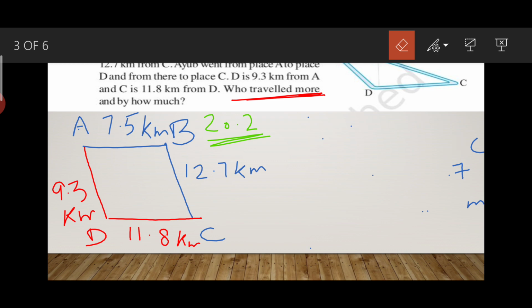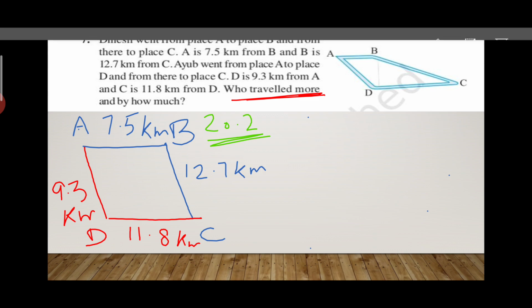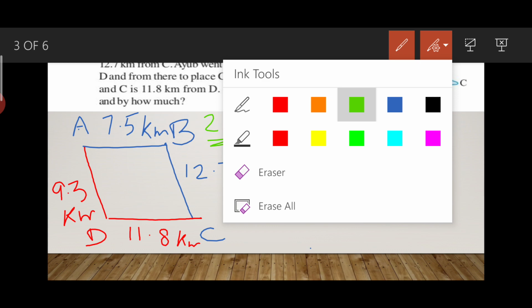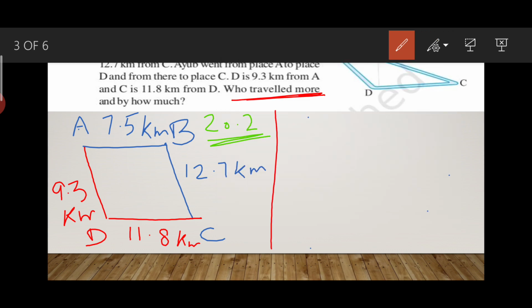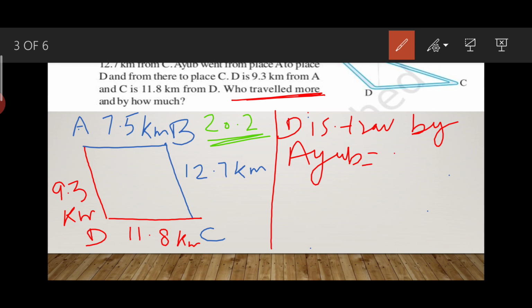He moved from A to D and then D to C. So you will write here: distance traveled by Ayub is equal to AD plus DC.